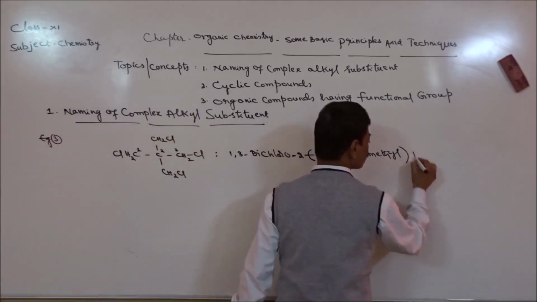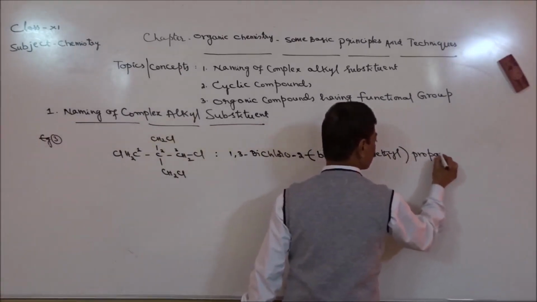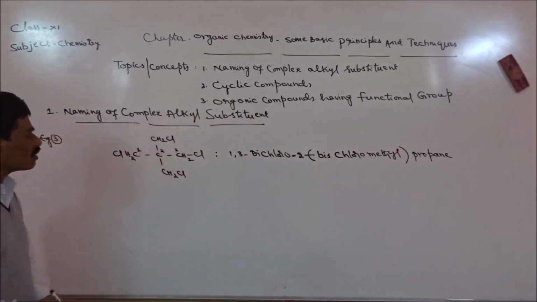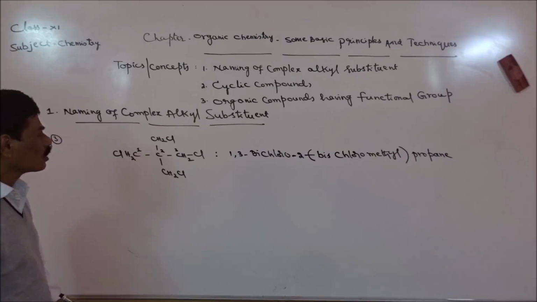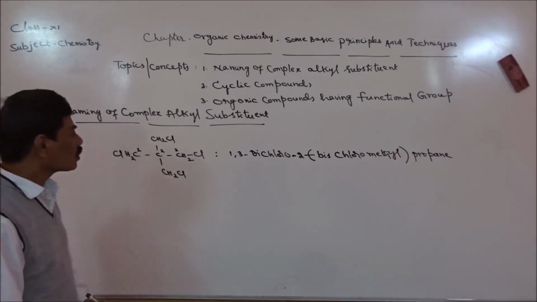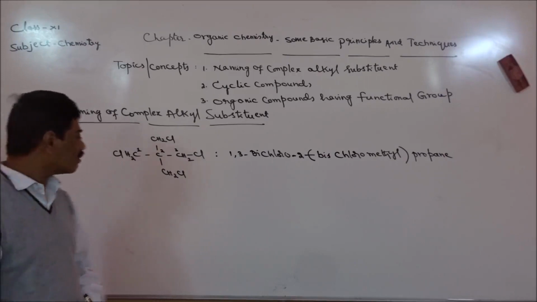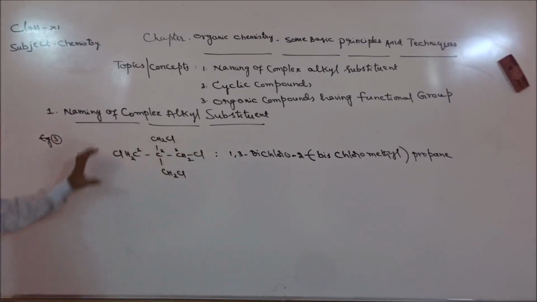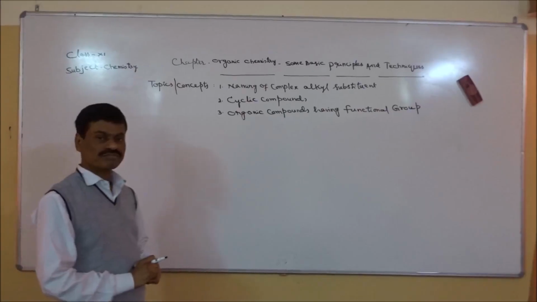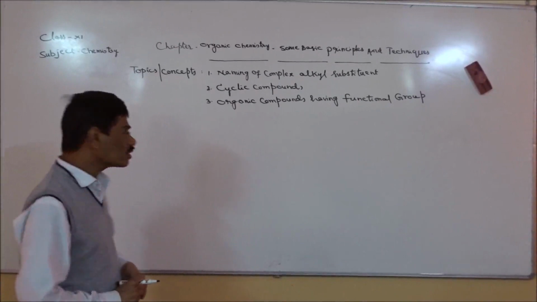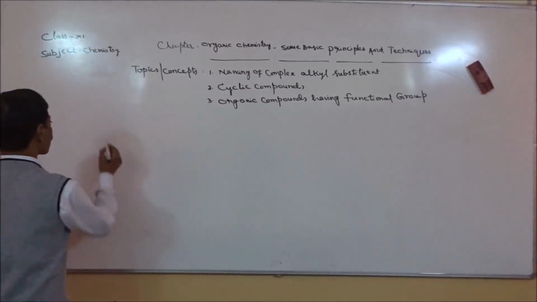So its name ends with propane. That's all. So 1,3-dichloro-2,2-bis(chloromethyl)propane. That is the name of this compound, right? Yes, children. Now let us see the second part, that is cyclic compounds.